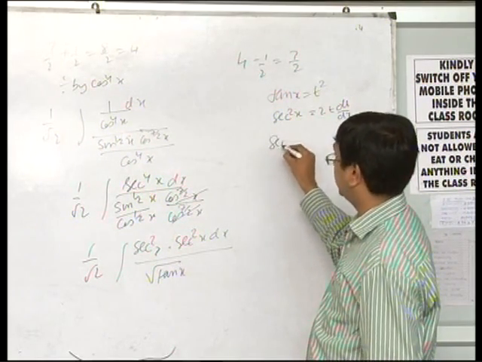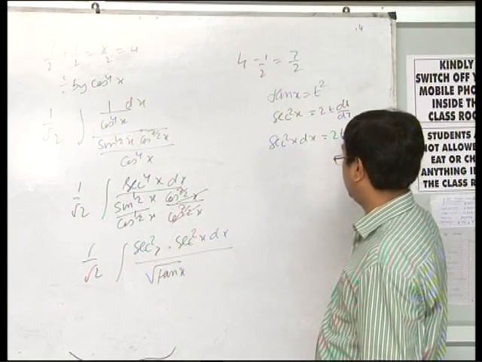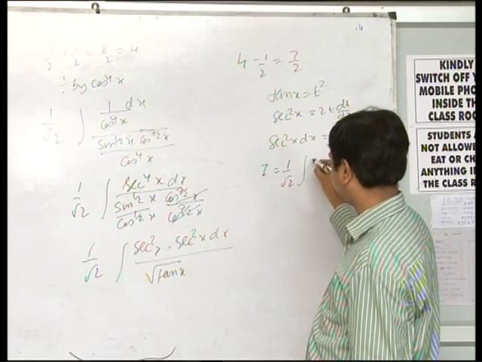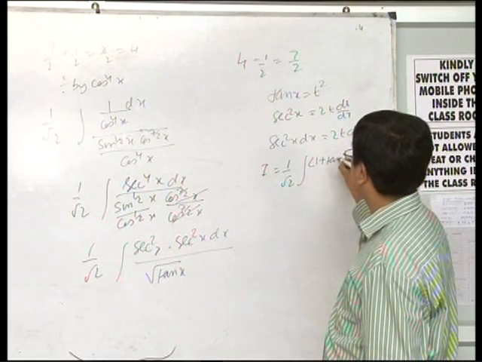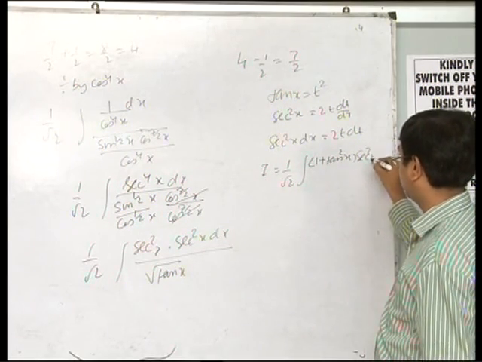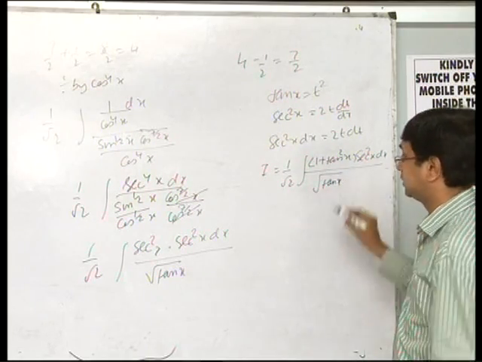So sec square x dx is equal to 2t dt, and 1 we need to convert to tan, because sec would get converted to this upon root tan x.